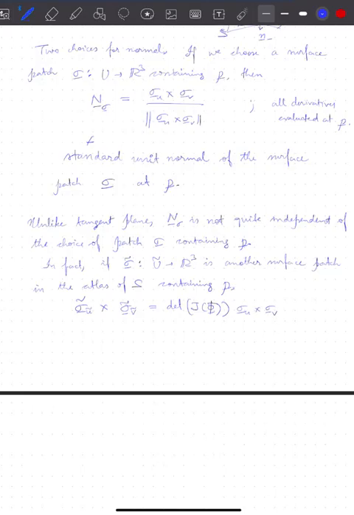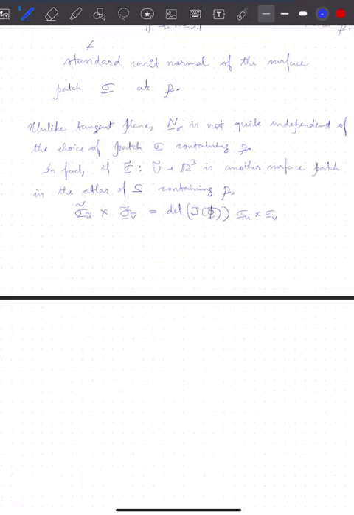And so this is the Jacobian of the transition map, right? That is what it is. And this is the map phi from sigma to sigma tilde.